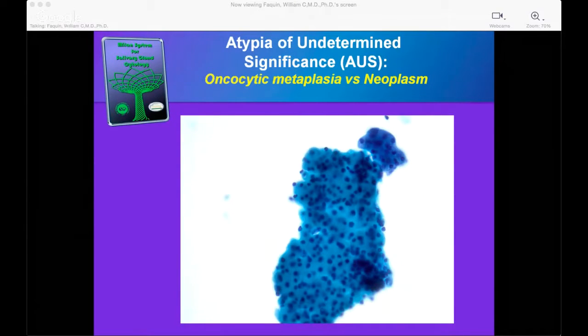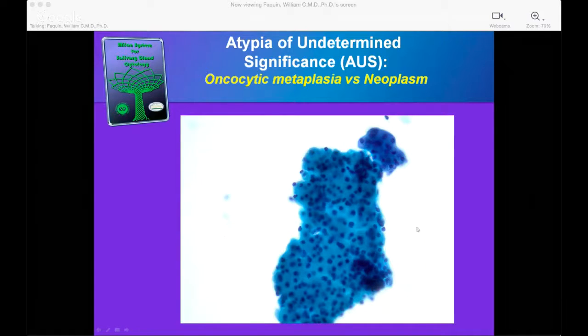Another example of an entity in the AUS category would be an aspirate such as this, where we have very bland, sort of benign-looking oncocytes. Maybe there are only a few of them. This is a liquid-based preparation.